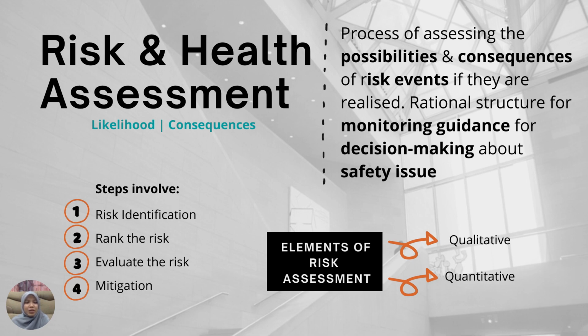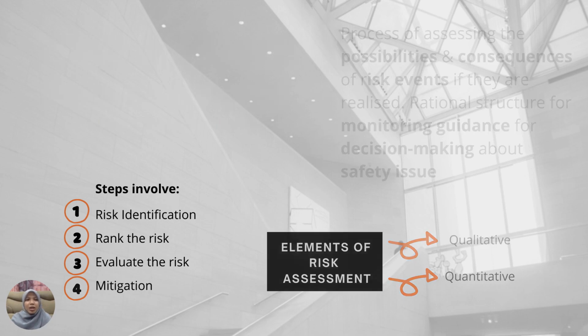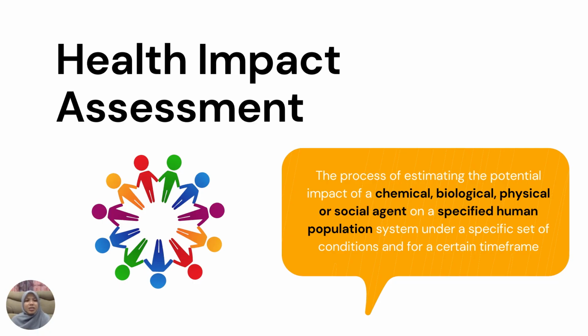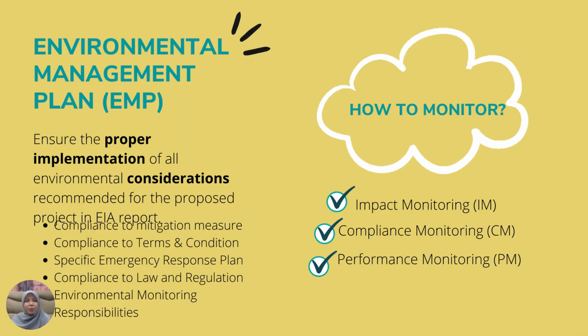The elements of risk assessment are qualitative and quantitative, or we call it QRA. This is also applicable to the health assessment. The health impact assessment is the process of estimating the potential impacts of a chemical, biological, physical, or social agent on a specified human population system under a specified set of conditions and for a certain time frame.